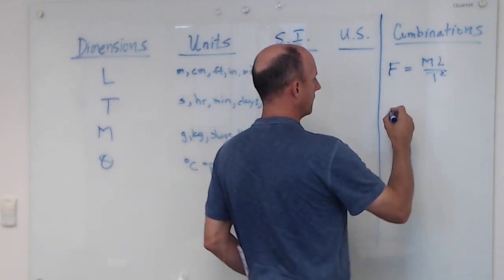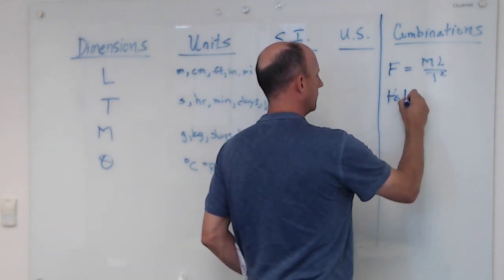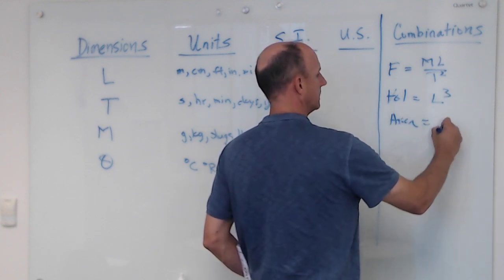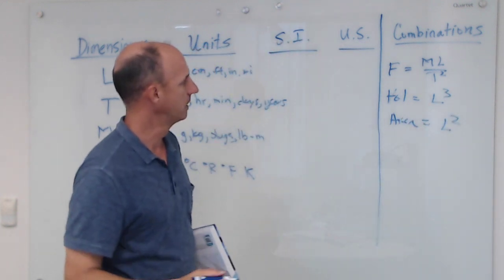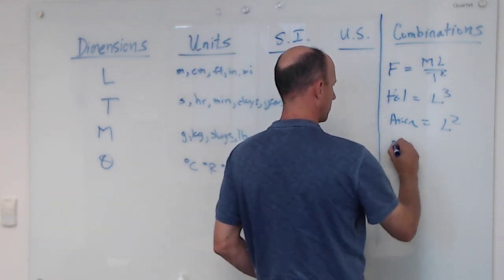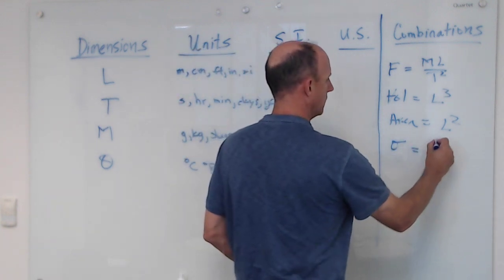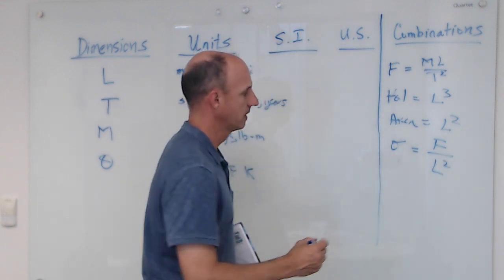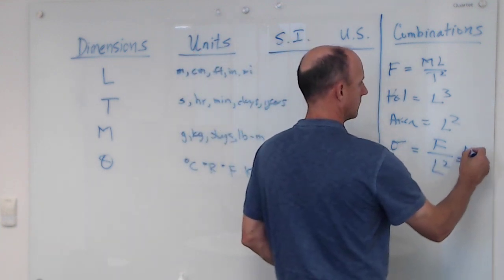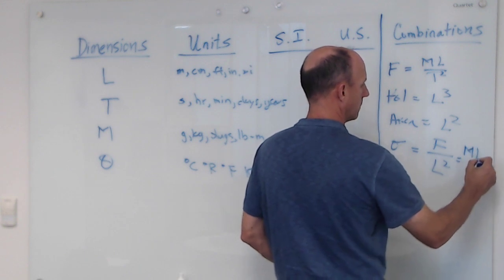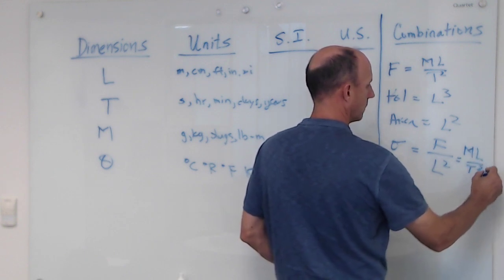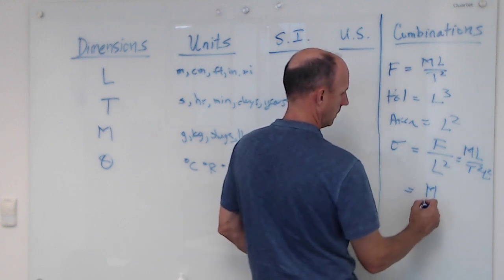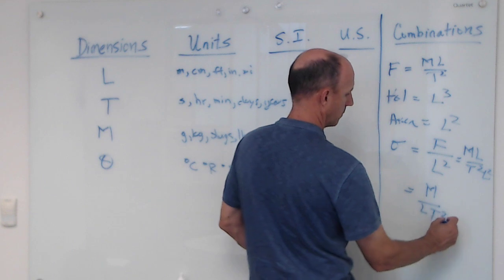Similarly, volume is equal to length cubed, area is equal to length squared, and a shear stress, say sigma, is going to be equal to force over an area, or force over length squared. That's going to be mass times length per time squared per length squared, or mass per length per time squared.